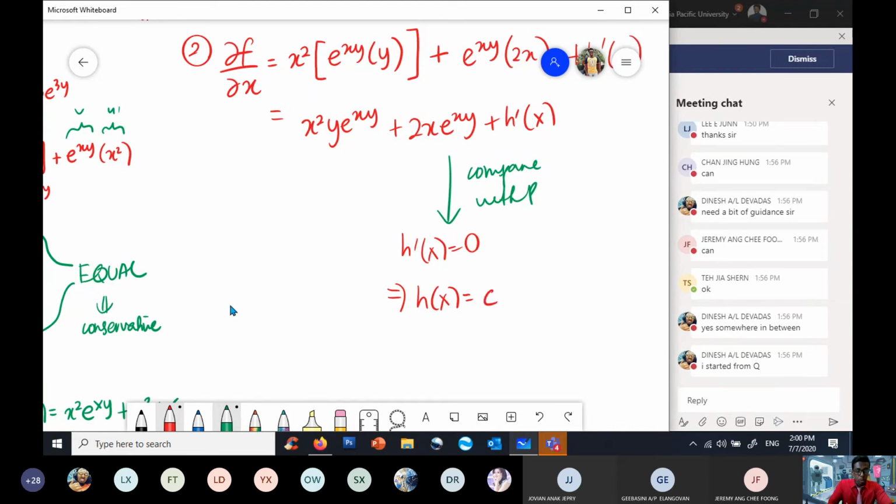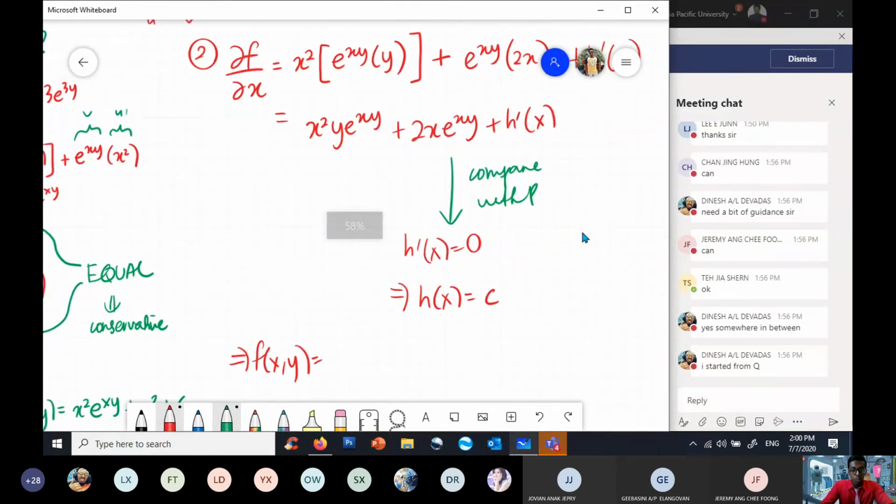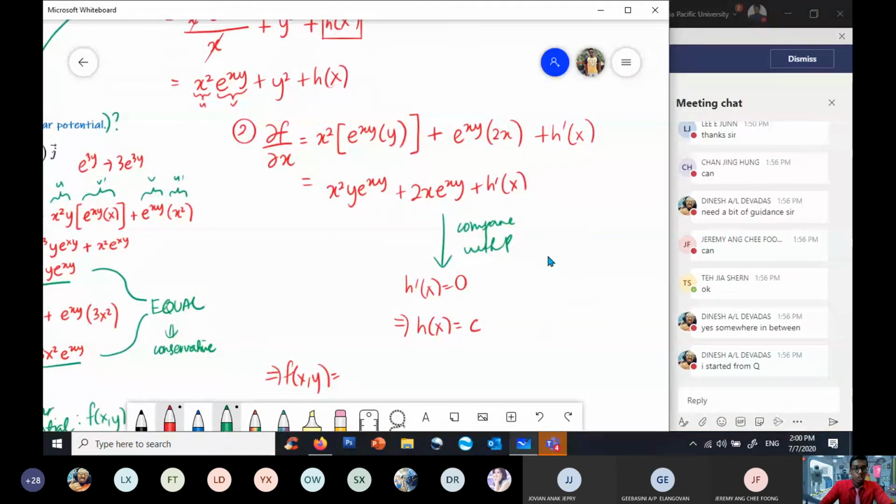So I'm going to conclude that my final answer for my scalar potential is whatever function I got on top here, but now I know that my h(x) is c. So that means x squared e^(xy) plus y squared plus c.